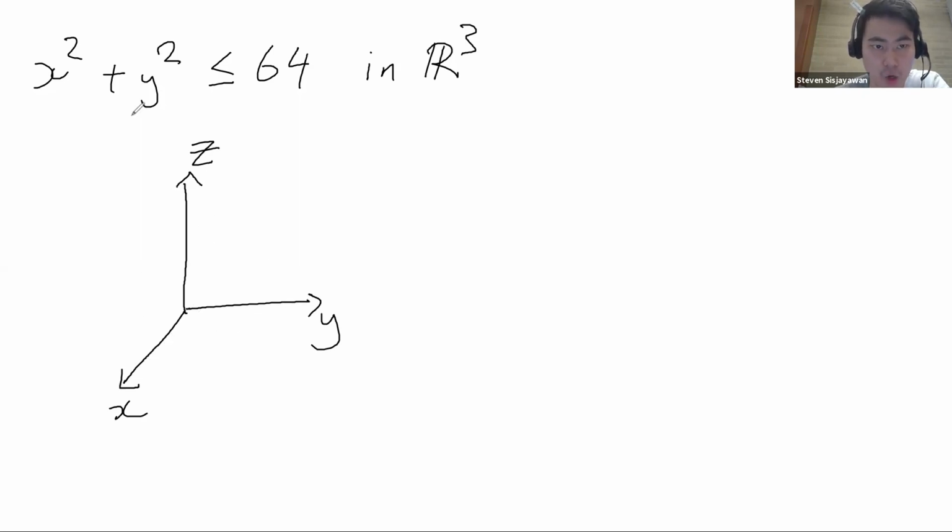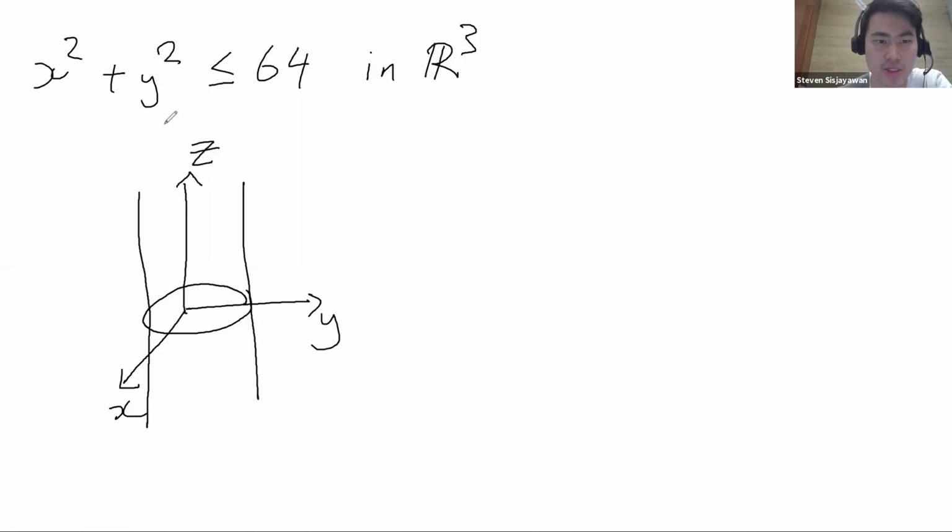So for x squared plus y squared less than or equal to 64, whenever I'm trying to graph this out, I start off with what the equation is going to look like. This is again going to represent a cylinder with a radius of 8. Whenever it says less than or equal to 64, you're trying to signify every point inside that restriction.